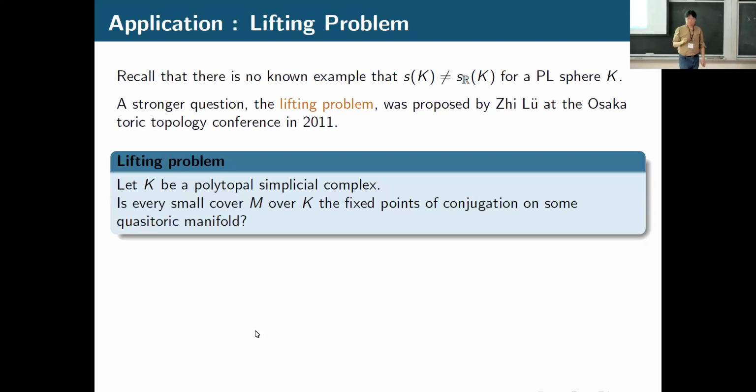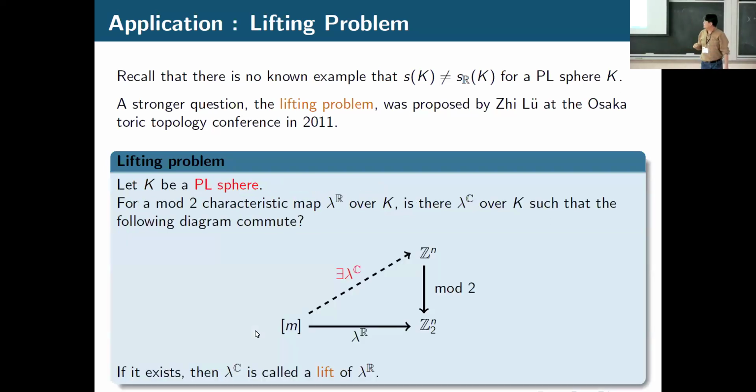In terms of characteristic maps, that is this one. But I don't think the polytopality in this problem is essential, so we can replace the condition by a PL sphere, piecewise linear sphere. Then, letting K be a PL sphere, the Lipton problem is equivalent to asking: for any mod 2 characteristic map over K, is there a characteristic map over K such that the following diagram commutes? So this is the Lipton question, right?